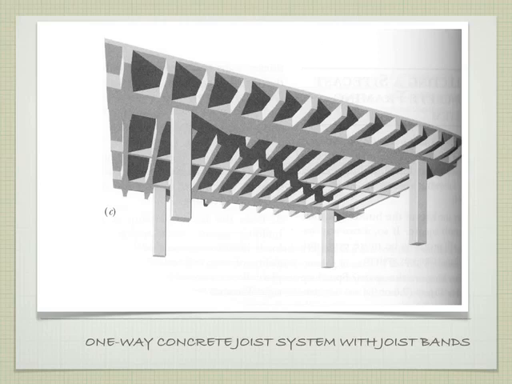So what do we do? We need the depth, but we don't need the depth continuously all the way along. So we scoop out the non-working concrete in these voids and create these voids, and allow these thinner little ribs to span. It's still one slab. We've just taken out some of the concrete in the slab, okay?